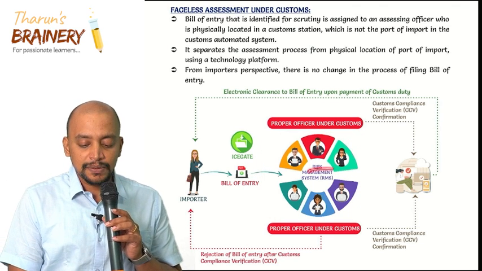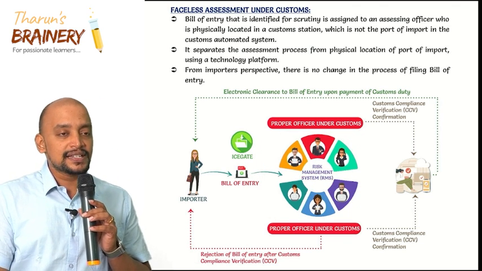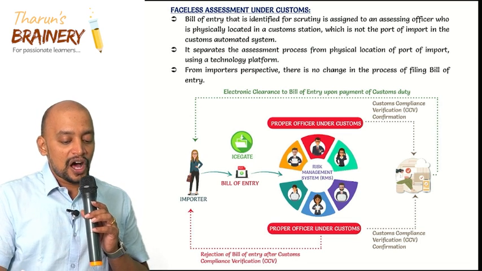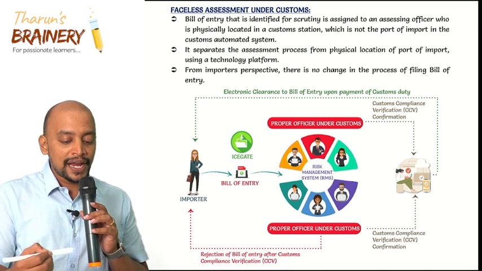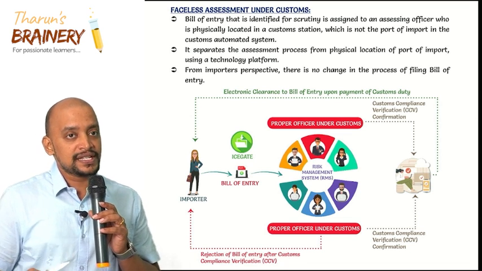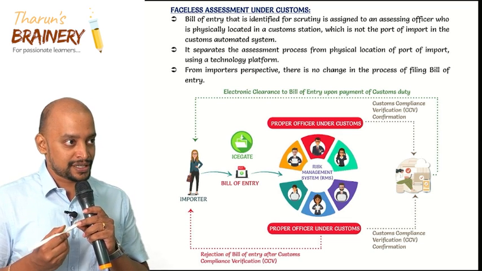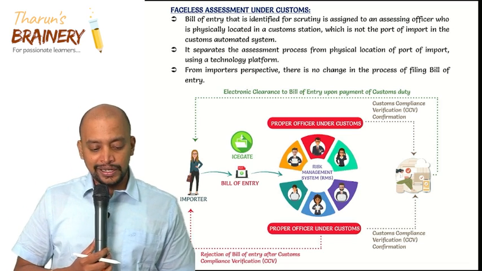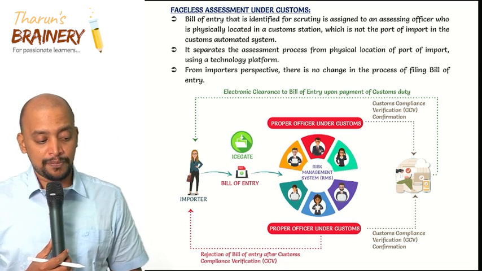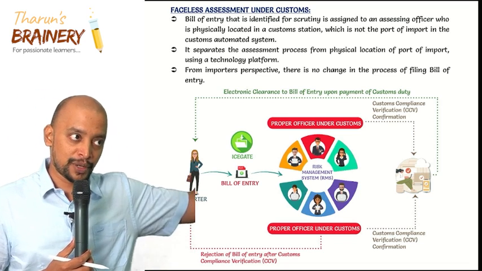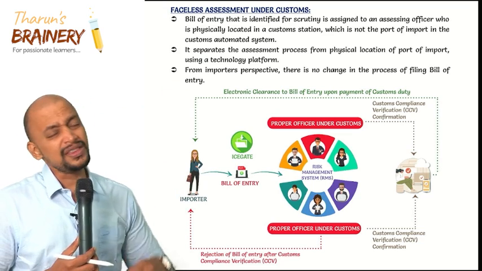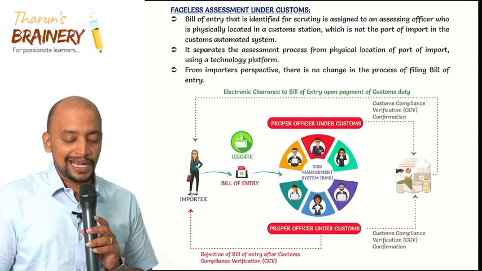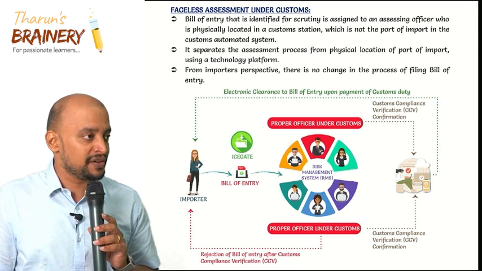So there is a risk management system. This risk management system will allot the bill of entry to any officer, and that officer may not be your jurisdictional officer. For example, you are importing in Chennai, so need not be a Chennai port officer. He can be a Gujarat port officer or Mumbai port officer or Delhi also. Any officer will be taking up that particular bill of entry for verification.